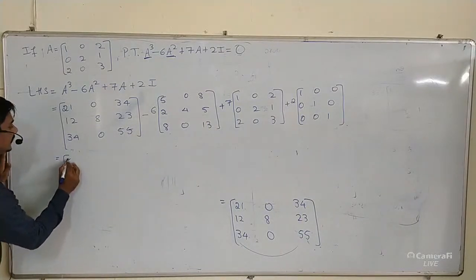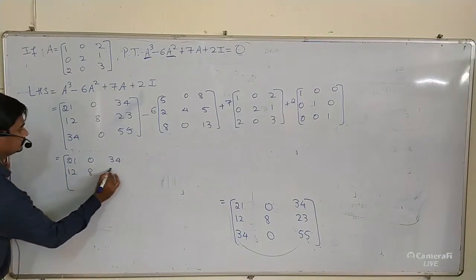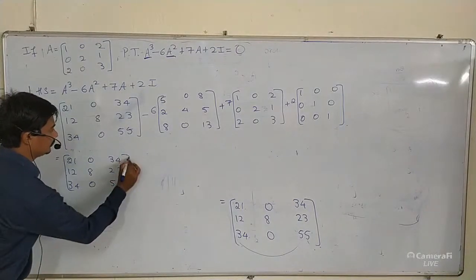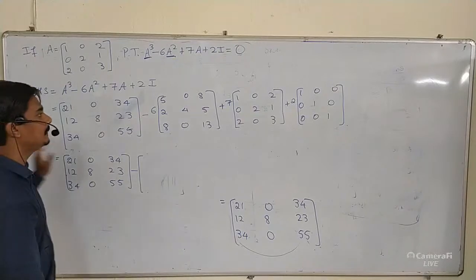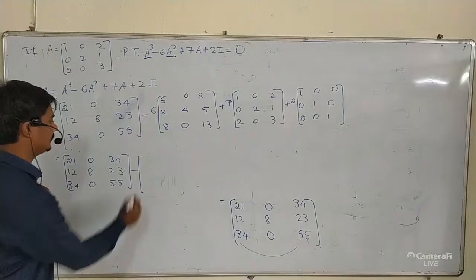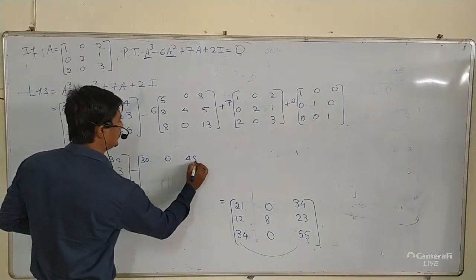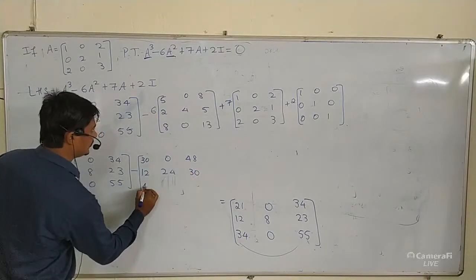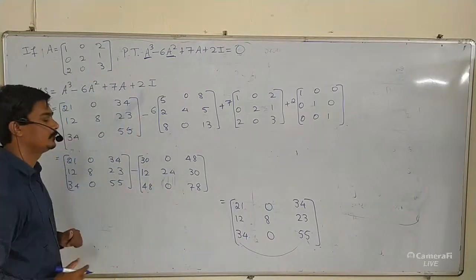So we'll keep the first matrix as it is. Minus. Inside the second matrix, we need to multiply by 6. Scalar multiplication concept: 30, 6 zeros are 0, this is 48, 12, 24, 30, 48, 0, 13 sixes are 78.